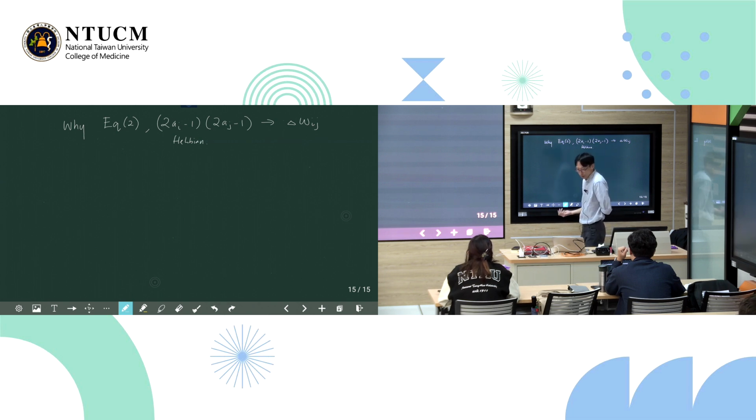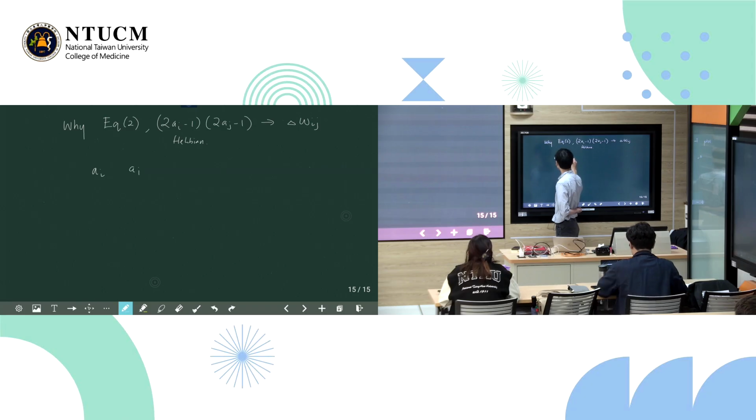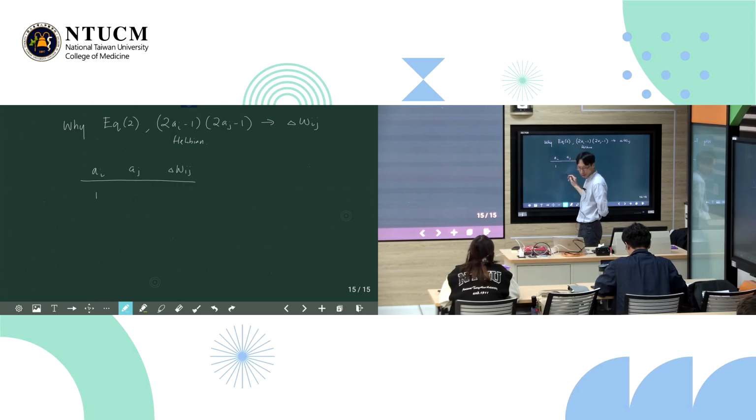Okay? I think we worked it out before. It's pretty simple. If you look at this, when AI is 1, AJ is 1. Remember, our world is binary, so there are only 4 possible states. We worked this out before.